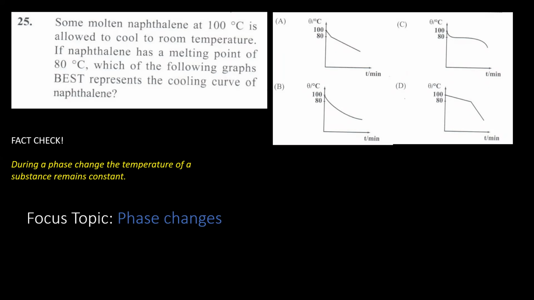So it will be a liquid at 100 degrees Celsius. But once it reaches 80 degrees Celsius, its temperature will remain constant until all of it freezes. And therefore, we should have a graph that slopes from 100 to 80 degrees Celsius and then steadies off at 80 until it finally decreases again. So the only graph that satisfies this description is C. The answer is C.